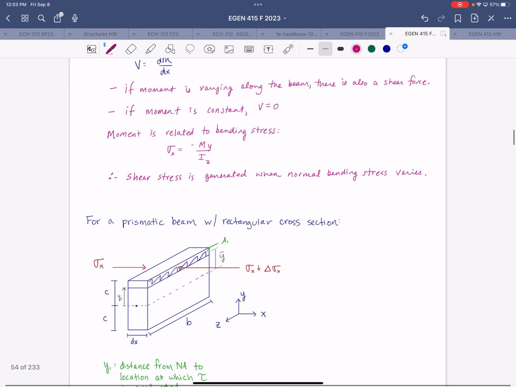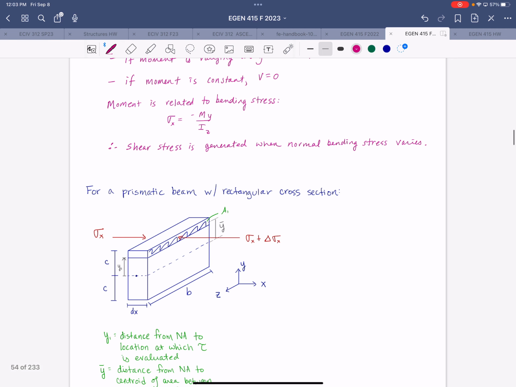So if we consider a rectangular cross-section, again just considering a sliver along the length, dx, we have the width b, the total depth is 2c, and we're just considering shear stress at a specific location within the cross-section.